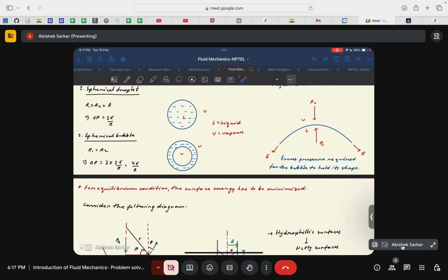So it will tend to achieve the shape of a sphere, and the inside pressure has to be greater than the outside pressure so that the shape is maintained. Otherwise, if the outside pressure is higher than the inside pressure, it will deform the shape and the bubble surface cannot be retained.